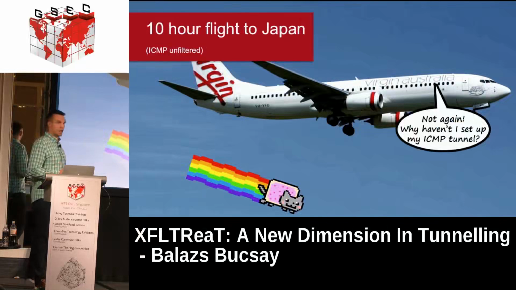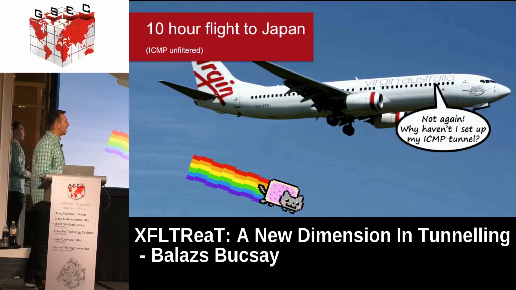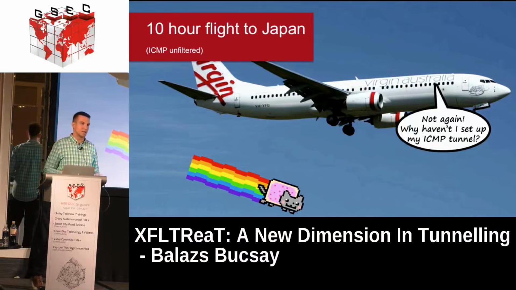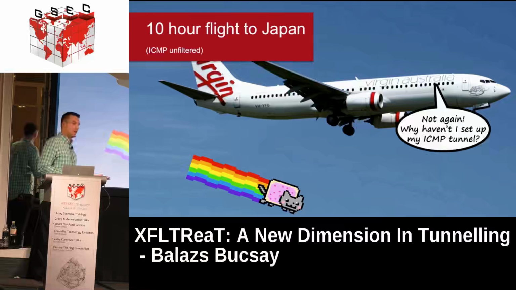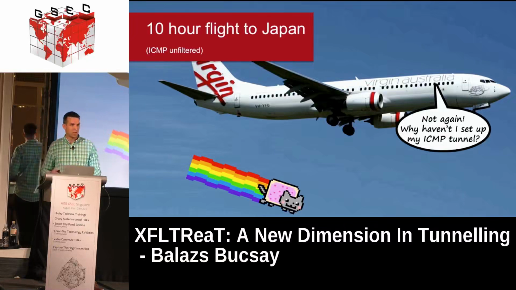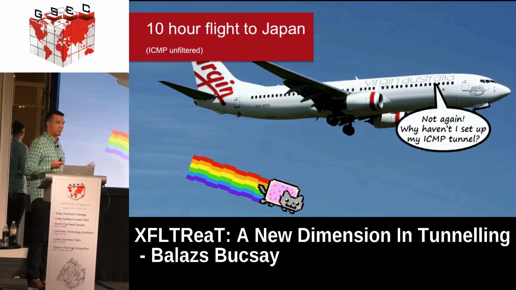The next time I had a flight to Japan from Hungary, which is about 10 hours. They had Wi-Fi on the airplane again. I started to poke around and I realized there is ICMP, which is unfiltered. So if I had set up an ICMP tunnel on my server before I took the flight, I could have gotten unfiltered internet access again, but I haven't done that.